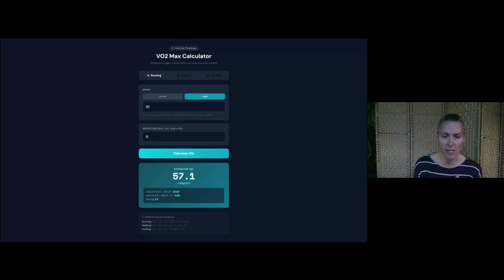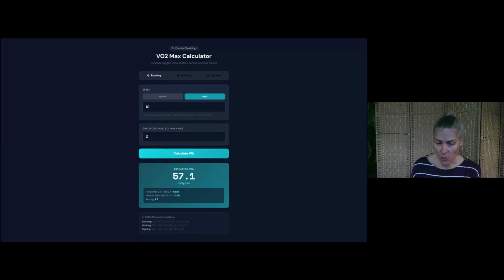We predict that based on your workouts that you've done, you could do a 25-minute 5K, a 15-minute 5K, whatever the case may be. So don't hold so much weight in what your VO2 max predictor is on your device.